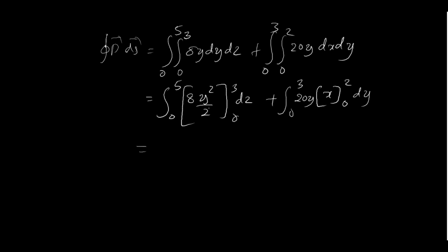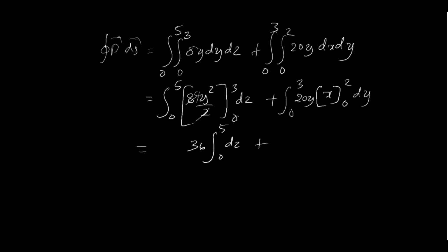So this will be 8y² by 2, so 4y². When y equal to 3 it will be 9, so 4 nines are 36, so 36 minus 0, which is a constant and can be taken outside, dz.